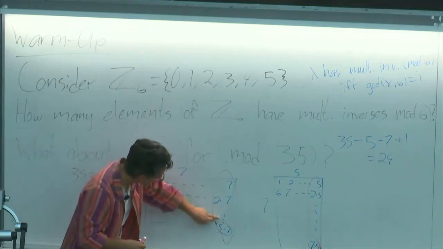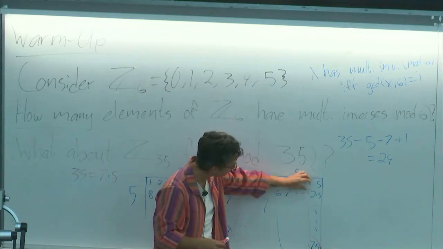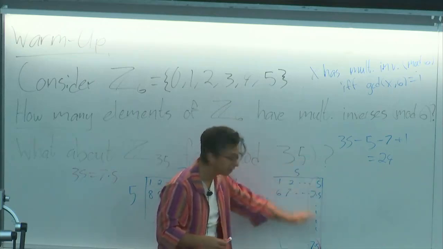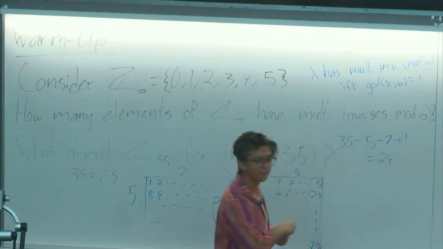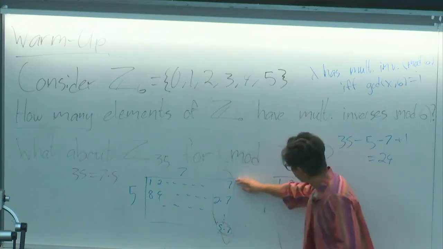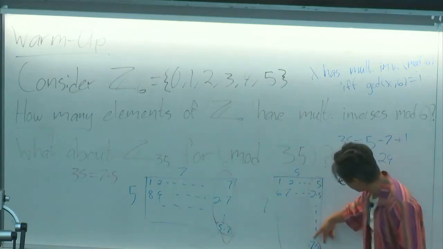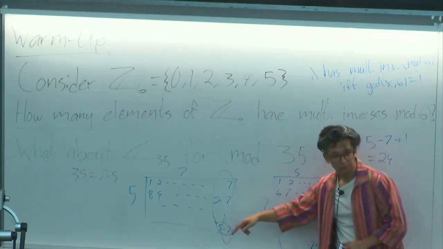Here's all of our factors of 7. There's 5 of them. And here's all of our things that have a factor of 5. There's 7 of them. I saw a hand? No? OK. So, right. We have 5, and then we're double counting the 7 times 5 and the 5 times 7.